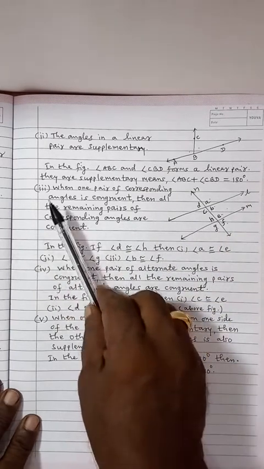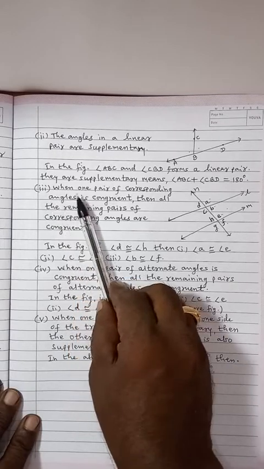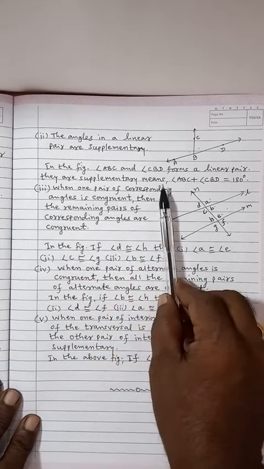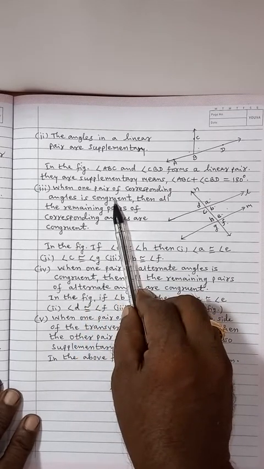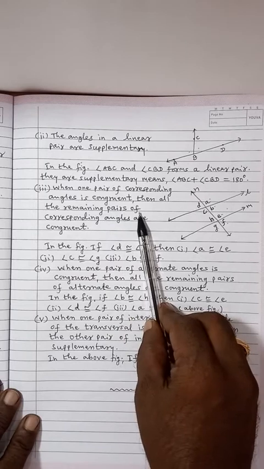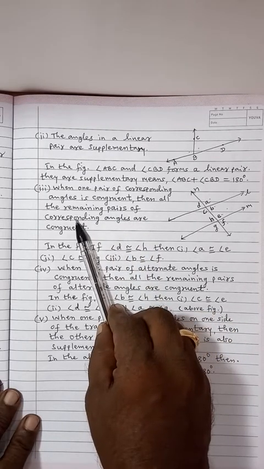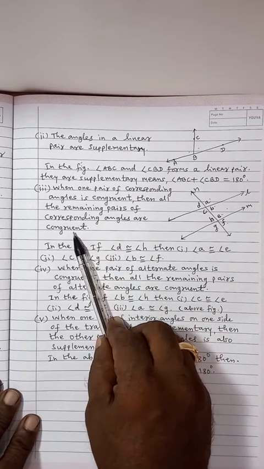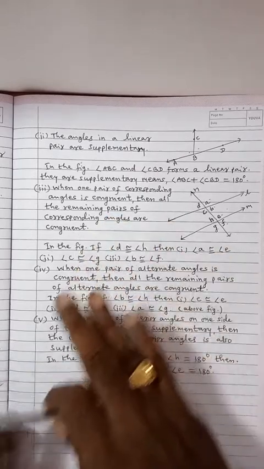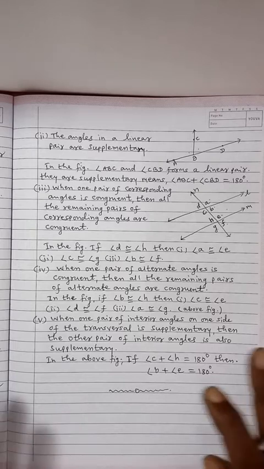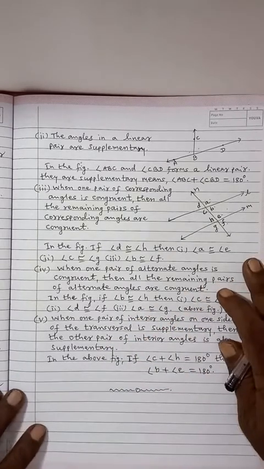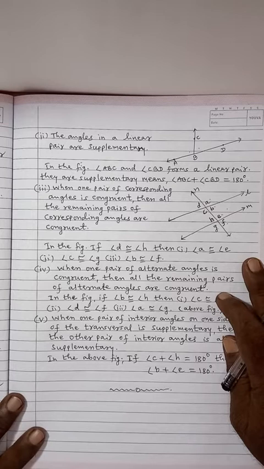Property number 3. Listen. When one pair of corresponding angles is congruent, then all the remaining pairs of corresponding angles are congruent. There are 4 pairs of corresponding angles. If one pair of corresponding angles is congruent, then the remaining 3 pairs are also congruent.